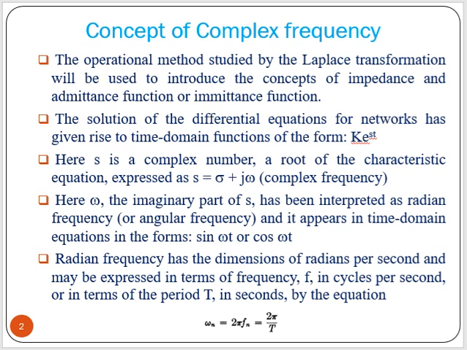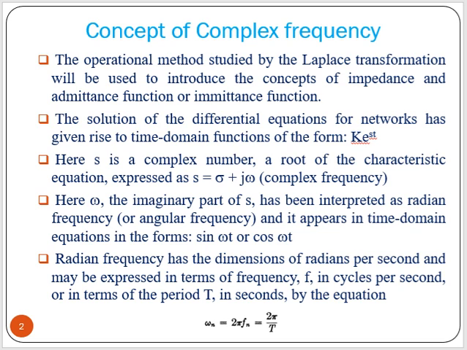Now, you have already seen that the solution of the differential equation for RL, RC and RLC circuits gives rise to time domain functions of the form k e to the power st, where k is a constant that can be derived by analyzing the initial conditions of the circuit, and e to the power st is an exponential term, either decaying or increasing.